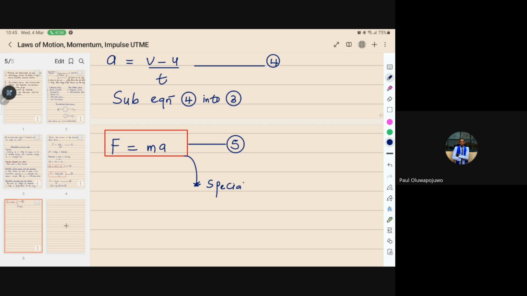Go ahead, my bro. The law says the force is directly proportional to the rate of change of momentum, which means there is a constant, since we have the proportionality there. You're asking a very powerful question.